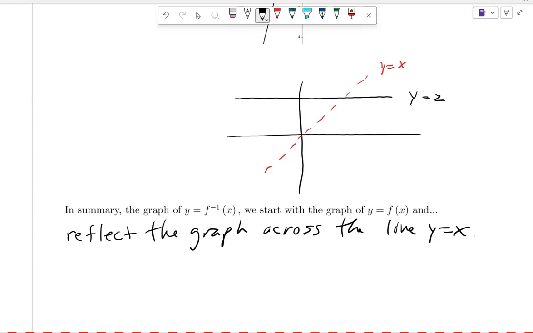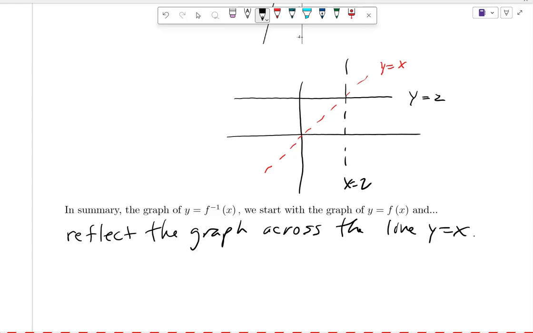Instead of y equals 2, you get x equals 2. What kind of a line do I get? Vertical. Notice that when you reflect a horizontal line, you get a vertical line. So really what the horizontal line test is doing is checking whether, when you do that reflection, you get a function. It's really just the vertical line test.